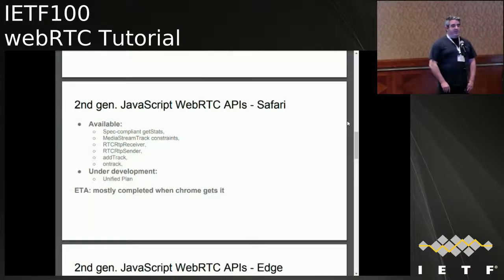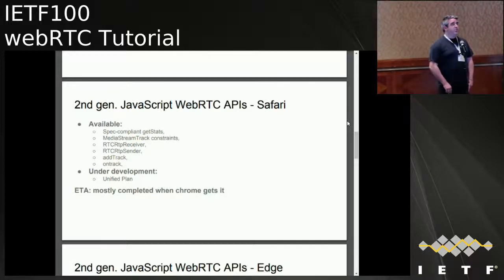Safari is interesting. Safari was a little bit late to the party, but that gave us an advantage. They didn't have any historical implementation of WebRTC based on the older spec. So they directly went for the latest version of the spec, directly into the track and not the stream generation of the API.